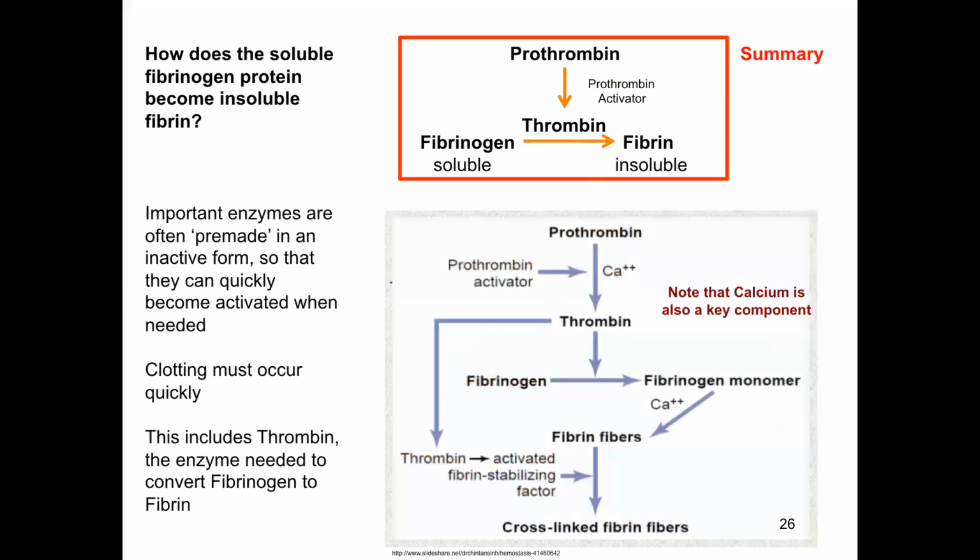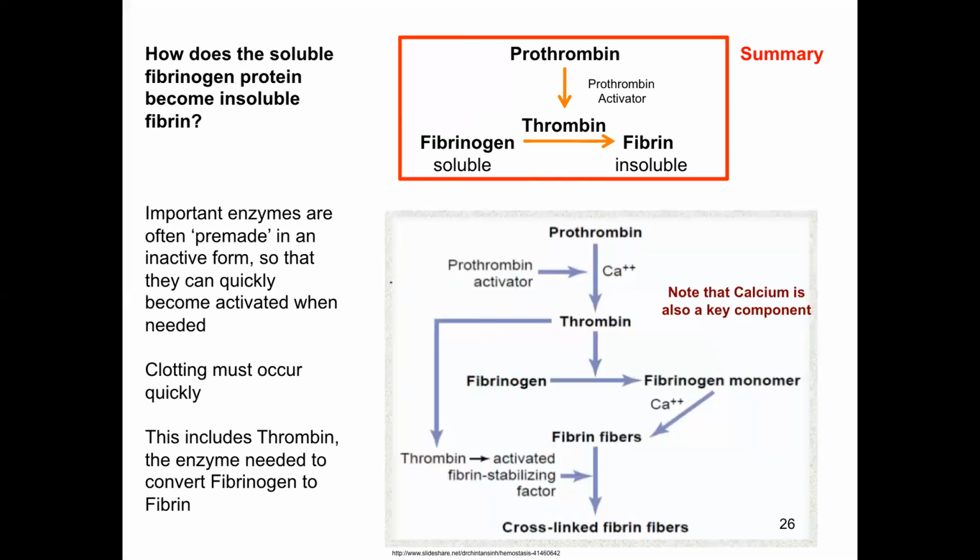How do you get from a soluble protein to an insoluble fiber? Now, the other thing in this course that you should remember is that enzymes, which are also proteins, are responsible for almost every reaction in the body. So not only do you have the soluble fibrinogen circulating in your blood, but you also have an enzyme called thrombin. And that thrombin is the enzyme that's going to convert fibrinogen into fibrin.